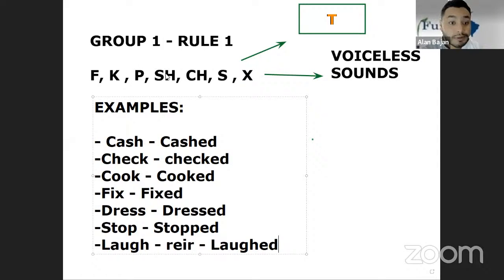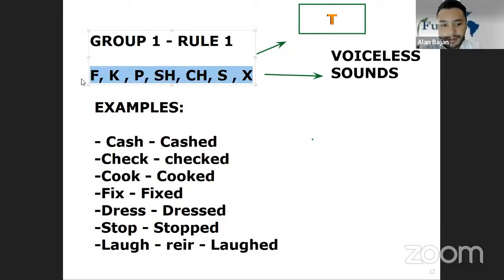No, that's only group number one: F, K, P, SH, CH, S, X. This sound is in the verb in infinitive. If you find a verb with the sound of F, K, P, SH, CH, S, and X in infinitive, then we pronounce them with T. That's group number one or rule number one.